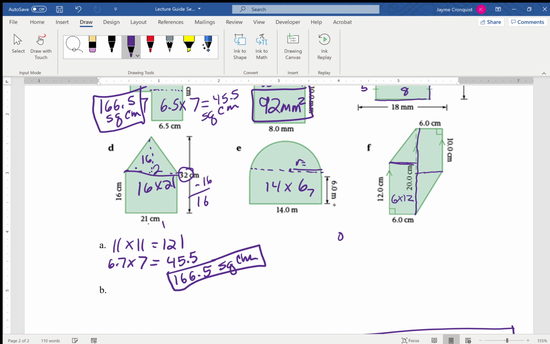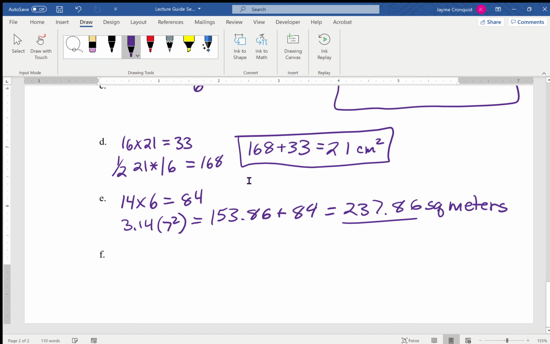And this box over here is 6 by 10. So let's go write those down. 6 by 12 and 6 by 10. Okay, 72 plus 60, we'll see what we have.